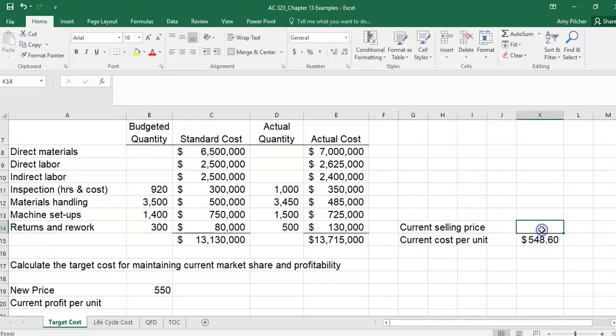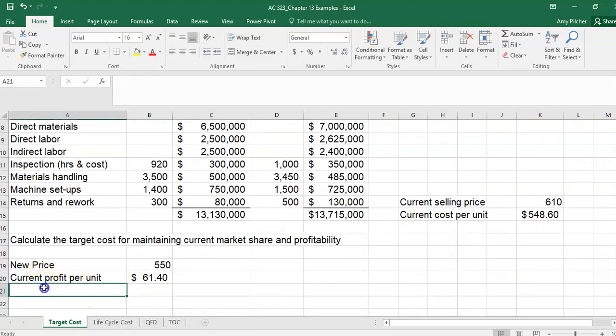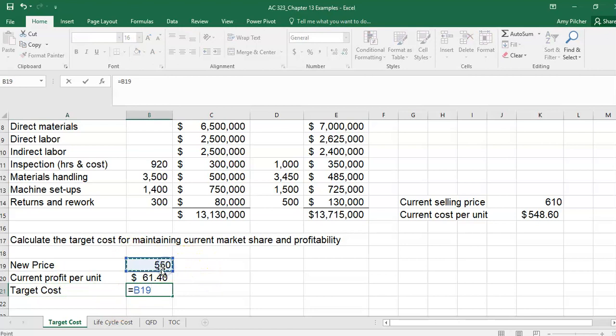Our current selling price is $610. So our current profit per unit is $610 minus $548.60. So our target cost is our new price minus our current profit per unit.